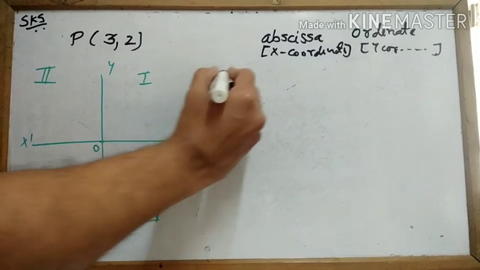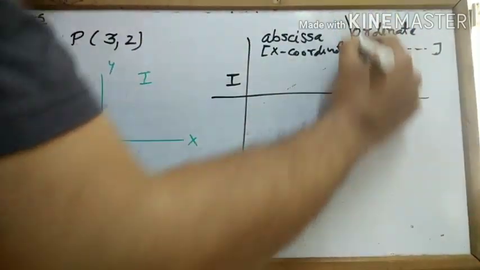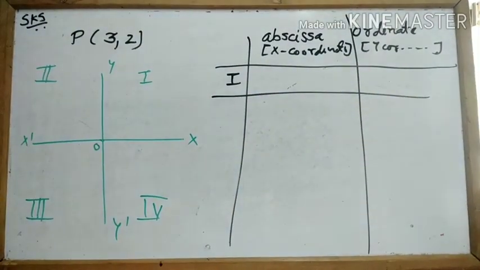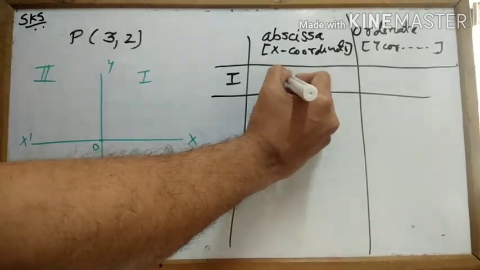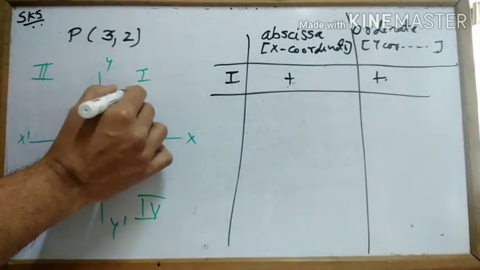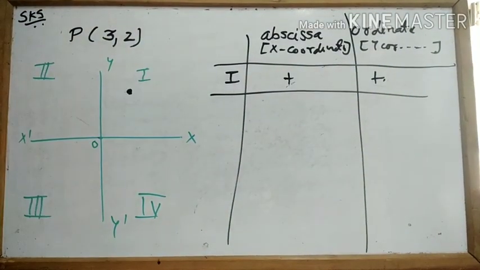Now, if the position of the point is in the first quadrant, we will recall grade 9, grade 8, whatever we studied, then the abscissa will be positive and the ordinate also will be positive. The point will be somewhere over here, anywhere in this region number 1.